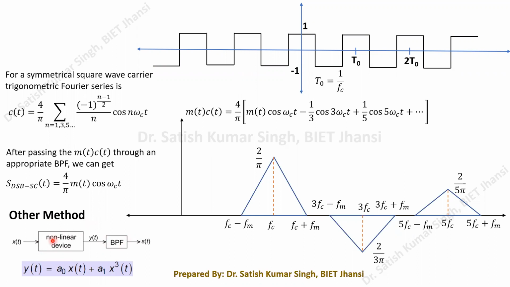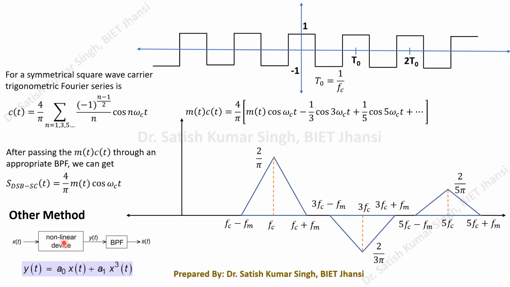Basically what we can have is any particular message signal, xt, and then we can have a particular non-linear device. So this non-linear device will have certain characteristics, for example a0 xt plus a1 x cube t, and so on. Any kind of characteristics will be there.